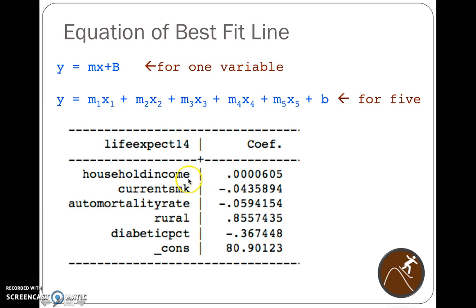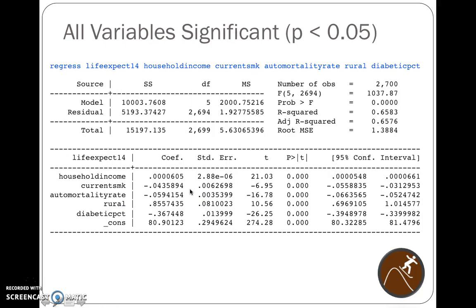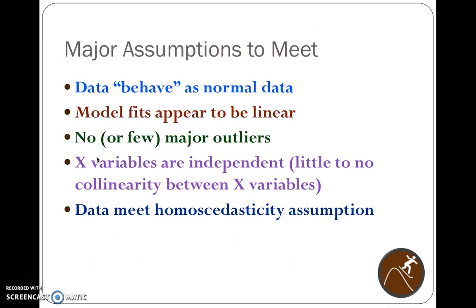That these are truly independently providing information. The fact that these were statistically significant already helps demonstrate, though, that they are contributing new information or new knowledge with regards to the ability to increase our R-squared and better predict life expectancy. So that helps. Things that are collinear tend to knock each other out, but that's not always the case. So we have to make sure that our x variables are acting independently with little to no collinearity.